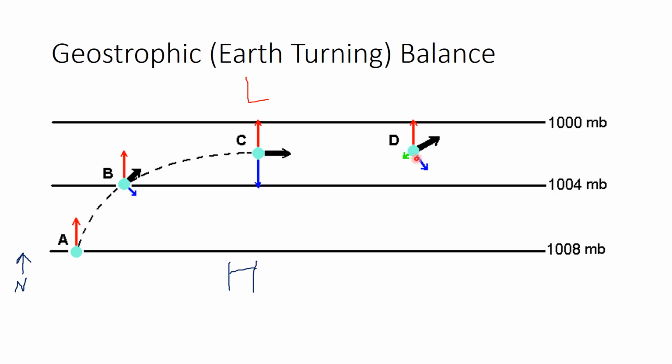And what this actually does is this causes the wind to slow down. And the slowing down of the wind weakens the Coriolis force, making the pressure gradient force the strongest of the three. That causes the wind to then begin to turn back towards that low pressure. And it actually turns back at an angle of 30 degrees relative to the nearest isobars.